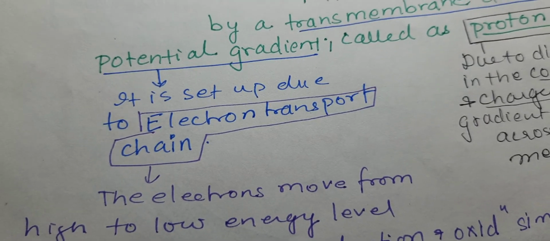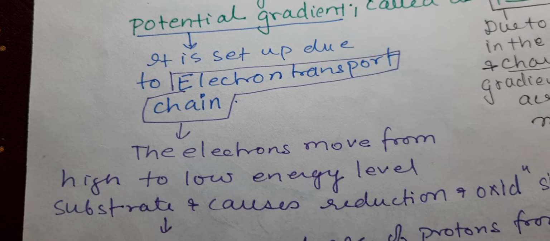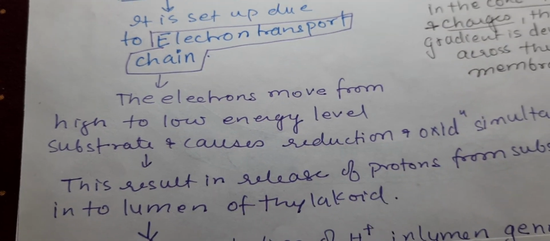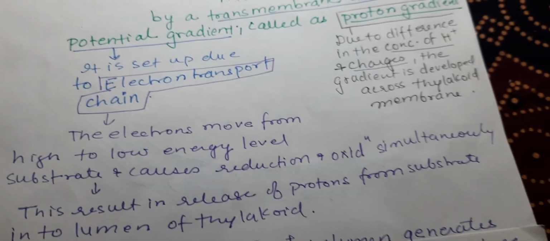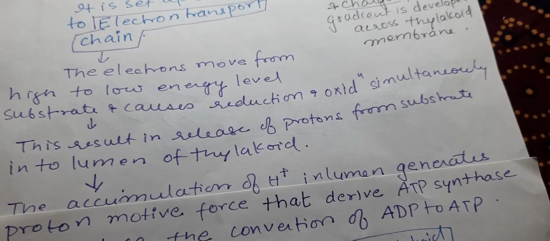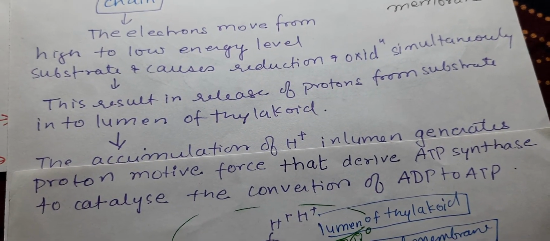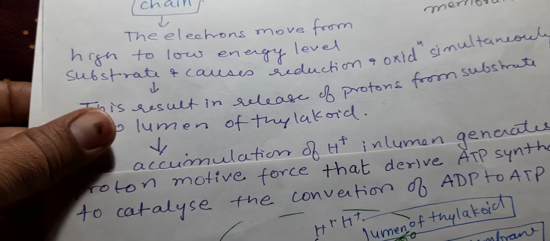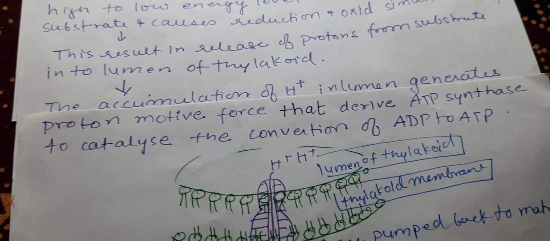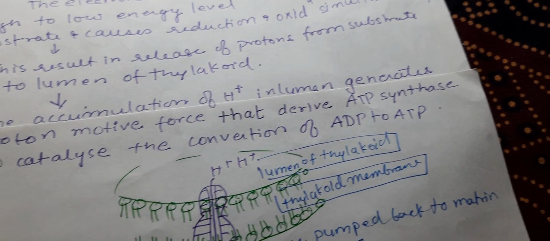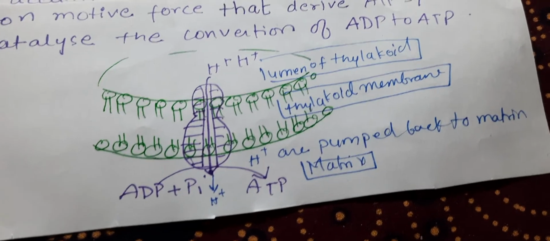Now this potential is set up due to the electron transport chain, and the electron moves from high to low level substrate and causes reduction and oxidation simultaneously. This results in a release of protons from the substrate into the lumen of the thylakoid, and the accumulation of protons in the lumen generates proton motive force that drives ATP synthase to catalyze the conversion of ADP to ATP.